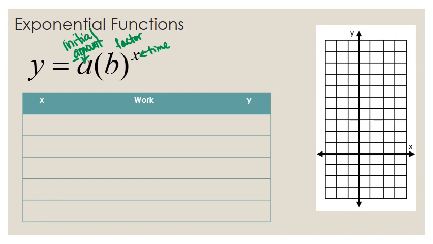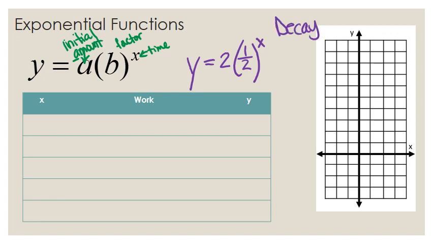So what kind of time are we dealing with? So I'm going to give you an example, and I'm going to ask you to do some solving so you can graph it by hand. So for example, let's say I gave you y equals 2 times (1/2) to the x power. So first of all, we've got to decide growth or decay. This one is decay.